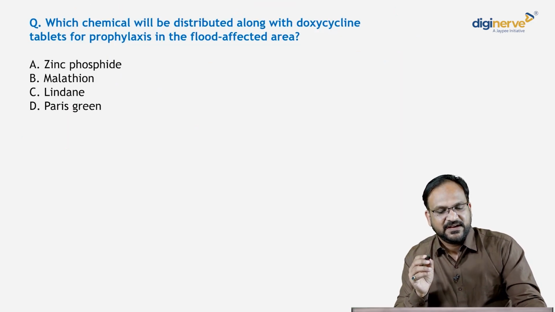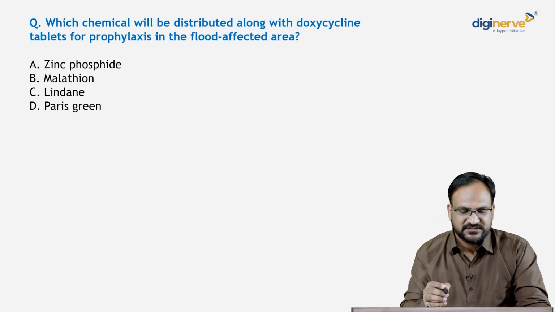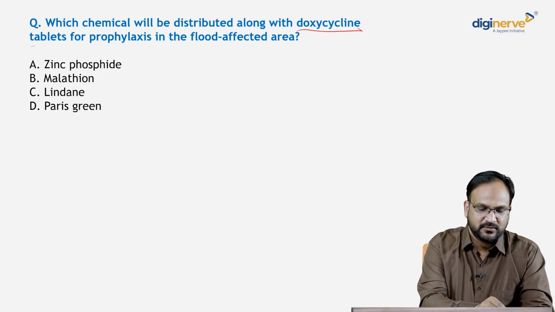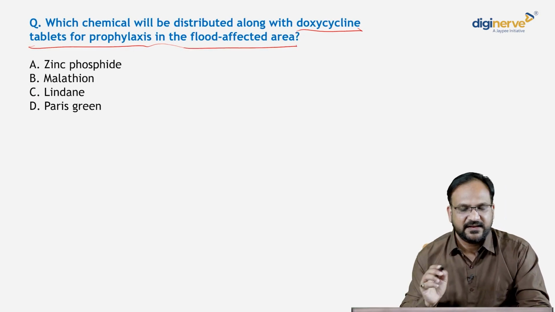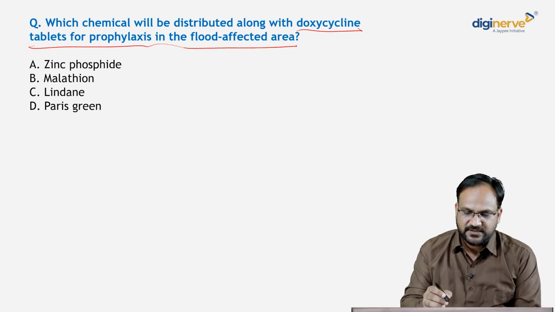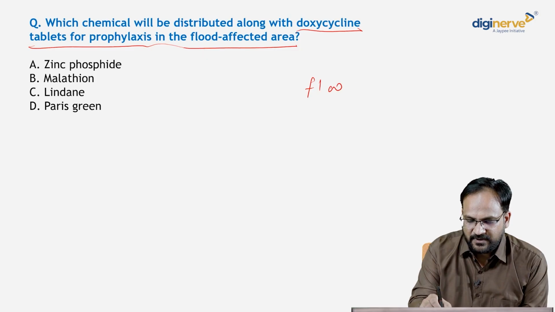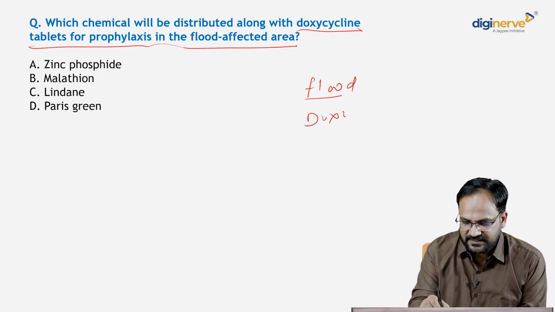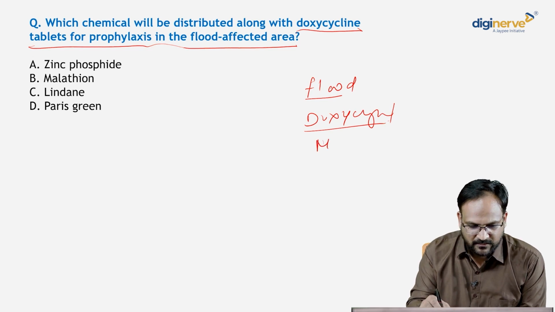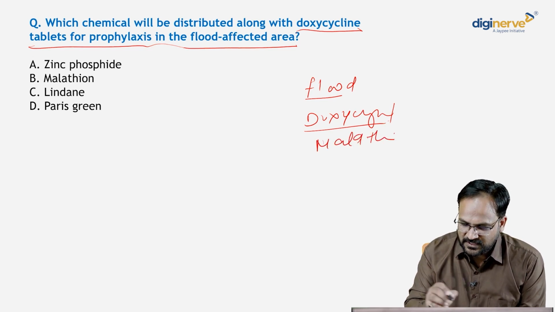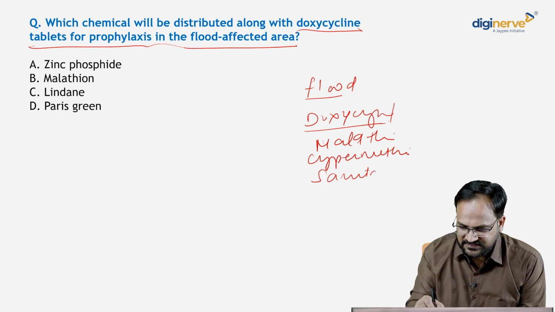Next: which chemical will be distributed along with the doxycycline tablet for prophylaxis in a flood affected area? If an area is affected by flood, the government is distributing doxycycline, also malathion, also cypermethrin, also sanitary napkins and some emergency drugs.